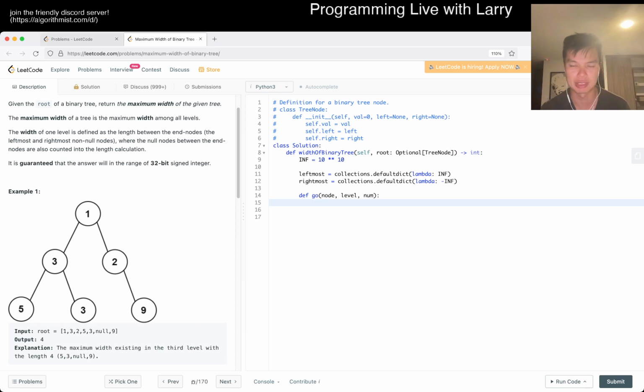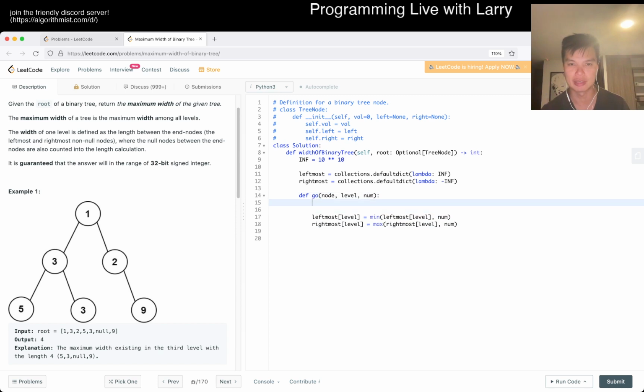So then leftmost of level is equal to min of this and the num, because the left would be the min, and then the rightmost you do the same thing, but in the other direction, right?